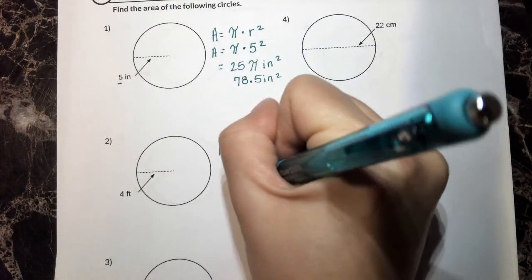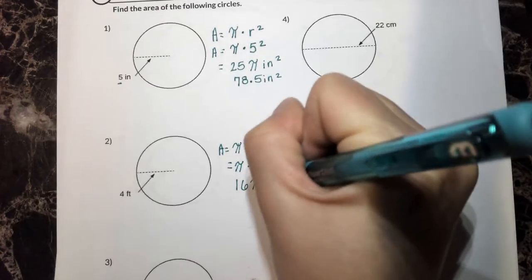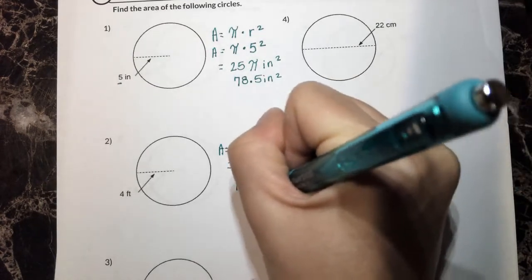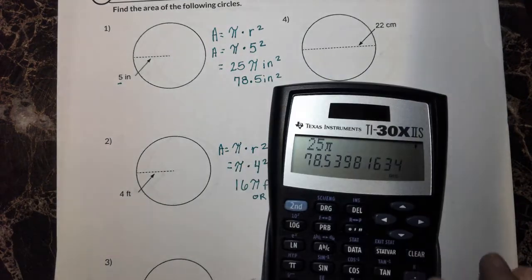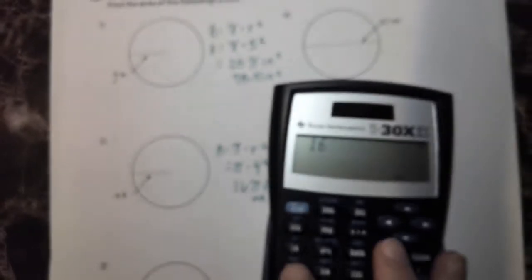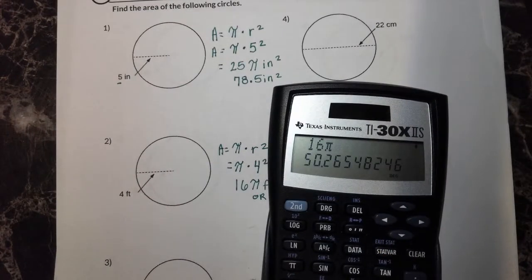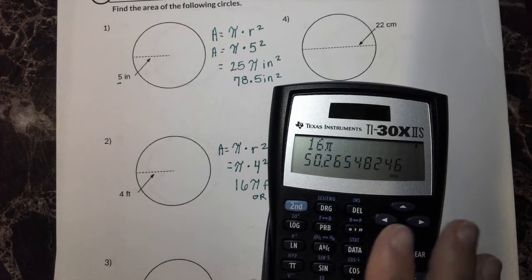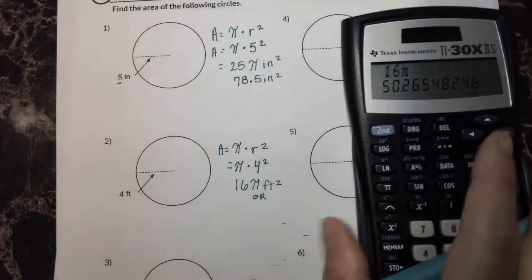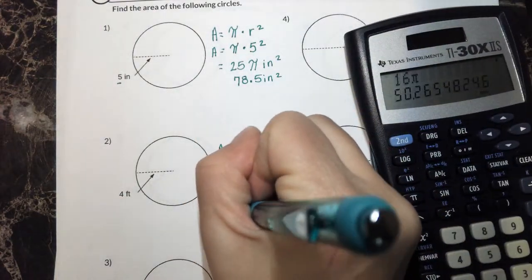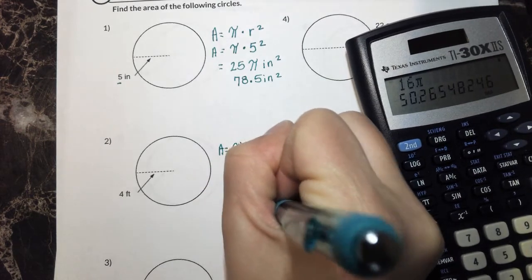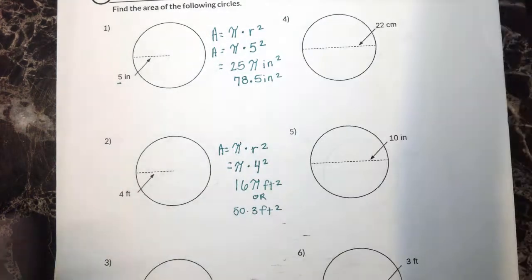You're either going to get 16 pi feet squared, or if you plug that in, you would get 50.3, because we're going to round to the nearest tenth. So 50.3 feet squared. Those are both correct.